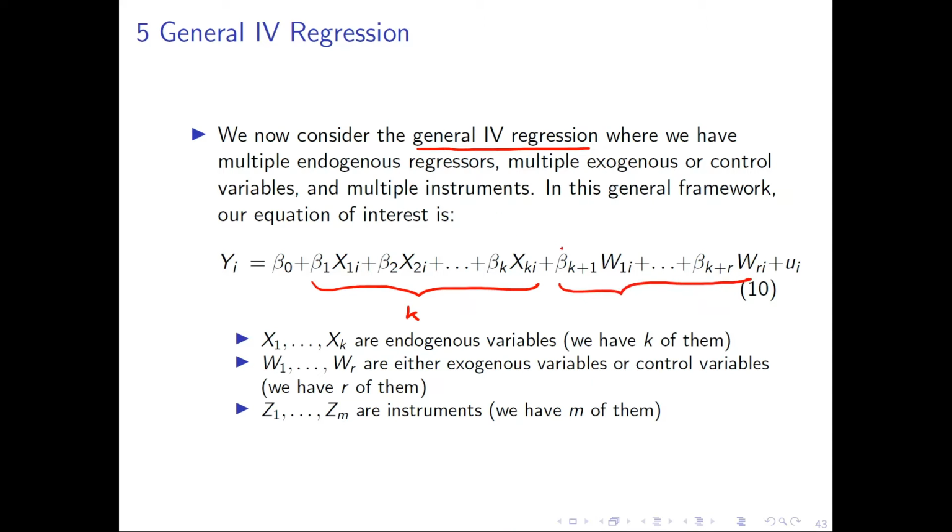And if this is an exogenous variable, then it's not correlated with the regression error term, but it's included because it might be correlated with one or more of the x variables, and we include it because otherwise we would have a greater omitted variable bias, right?